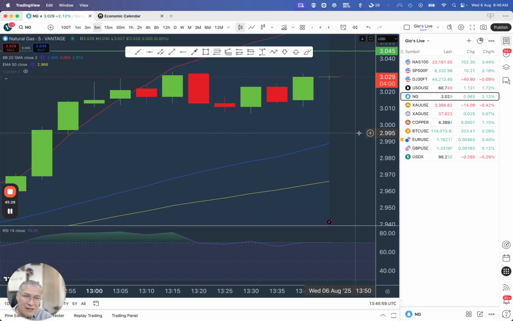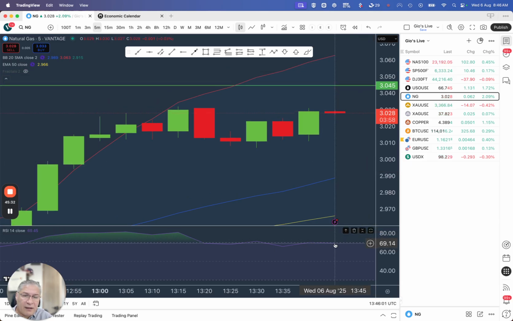Nat Gas is right there though, on the borderline of being overbought on the RSI. But can we anticipate or speculate that we'll have a leg up towards our level of resistance? The target seems to be working that way. Momentum has been built.